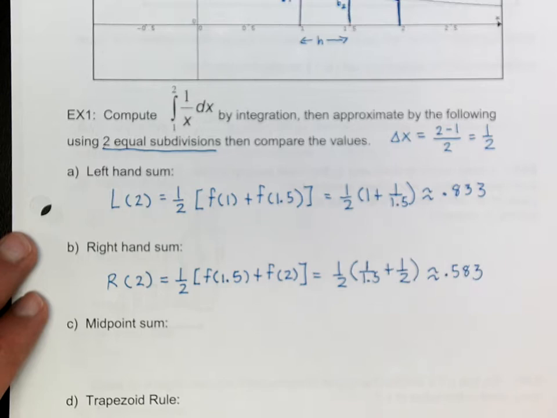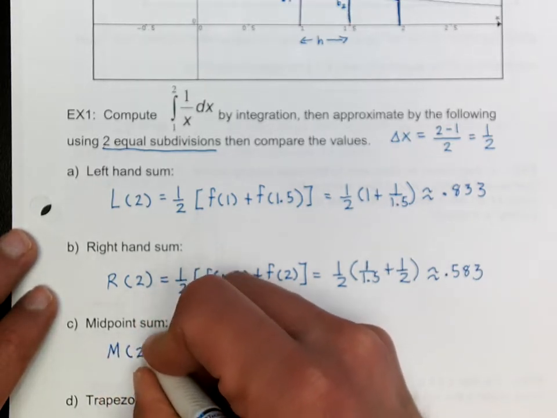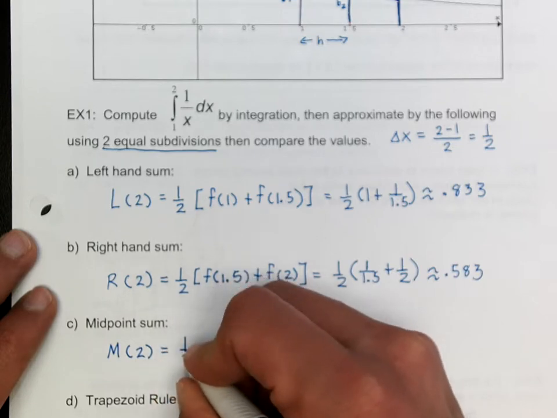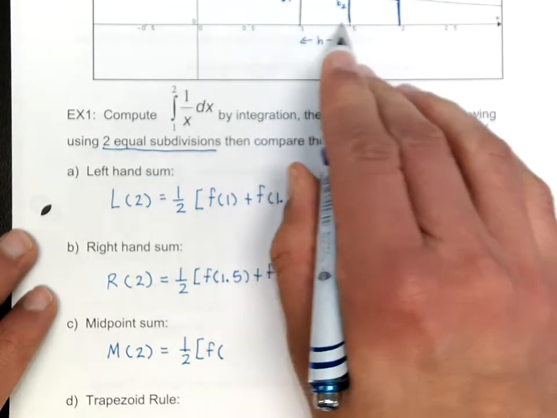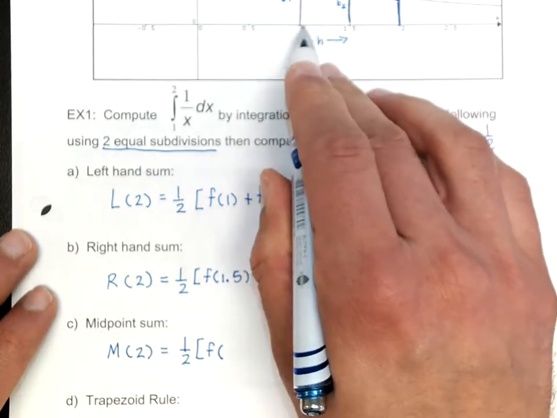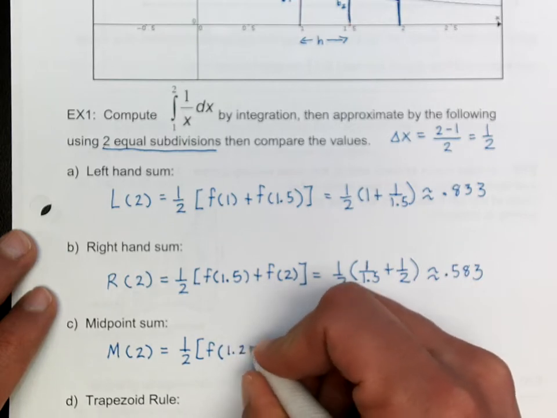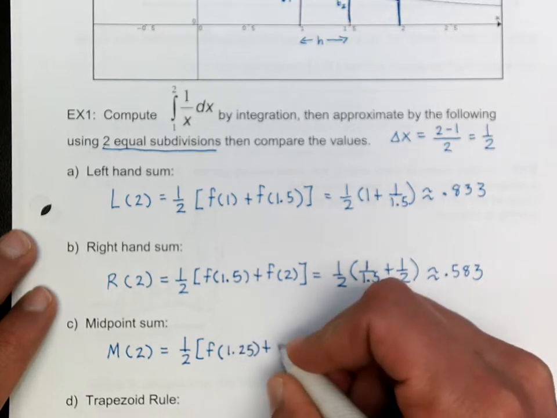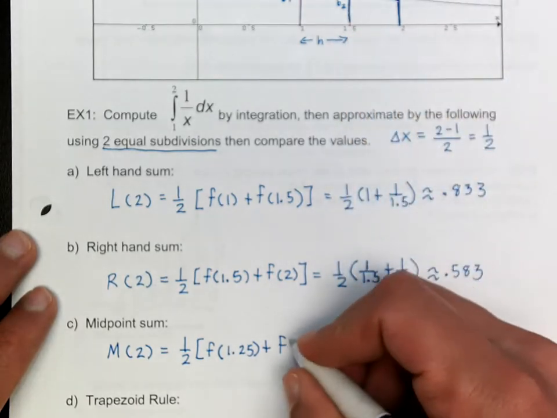Okay, and now finally the midpoint. As the name implies, you're not going to use the endpoints here. We're going to use the middle between 1 and 1.5, which is 1.25, and the middle between 1.5 and 2, which would be 1.75.